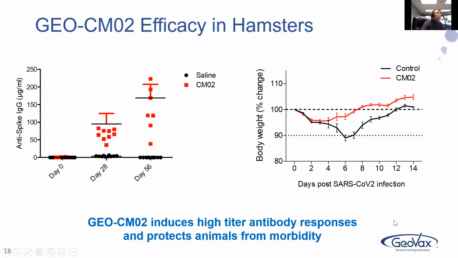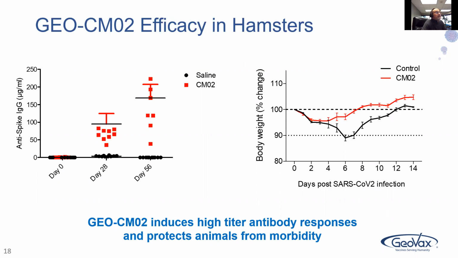Now, are these immune responses effective and useful? I'm going to show you a couple of quick snapshots of some animal slides. First is an efficacy study in hamsters. What you can see on the left panel is that one or two immunizations induce high levels of IgG in immunized hamsters.